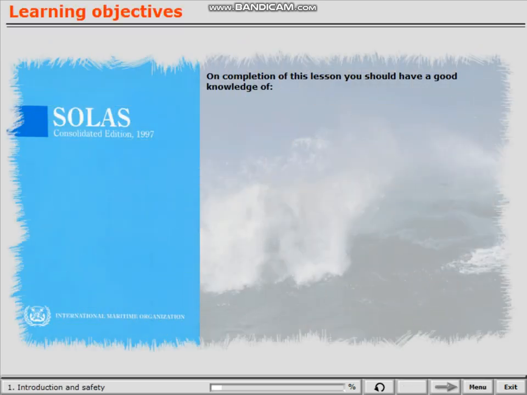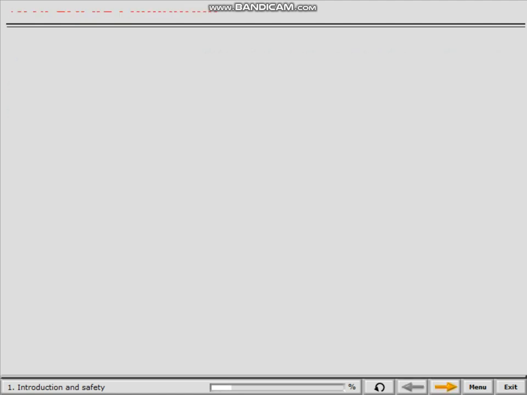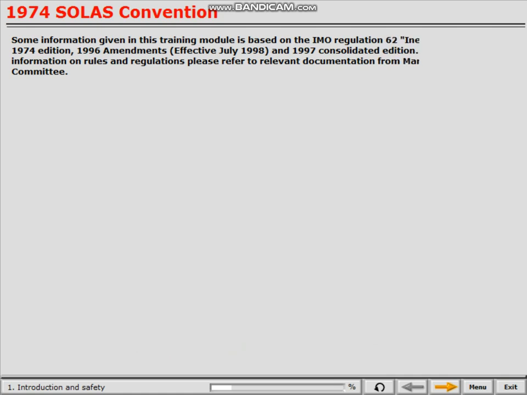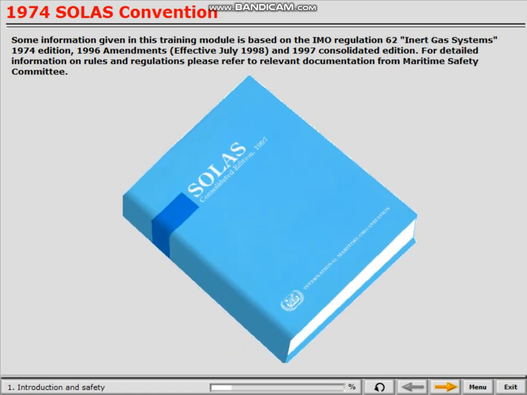On completion of this lesson, you should have a good knowledge of international regulations, definitions and principles, safety aspects. Some information given in this training module is based on the IMO regulation. For detailed information on rules and regulations, please refer to relevant documentation from Maritime Safety Committee.